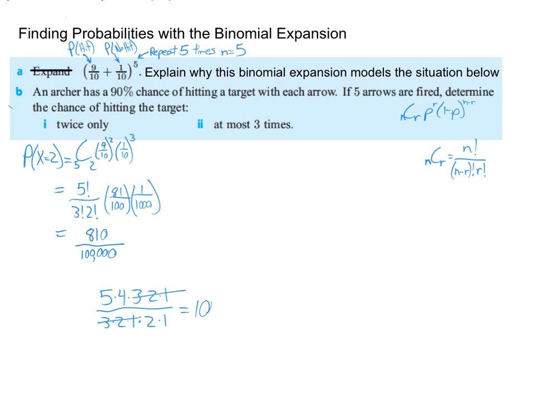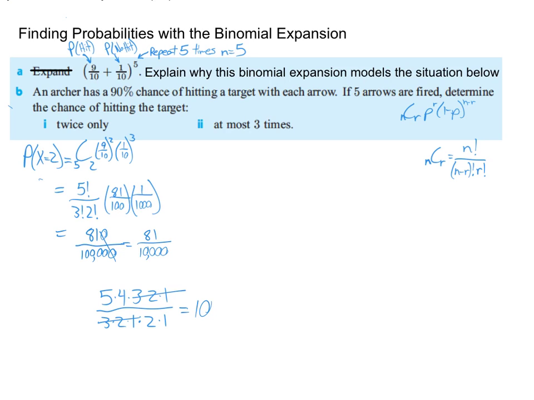So I could cancel out some zeros, and I get 81 over 10,000. So there's my probability of this guy only hitting the target twice out of 5 times.